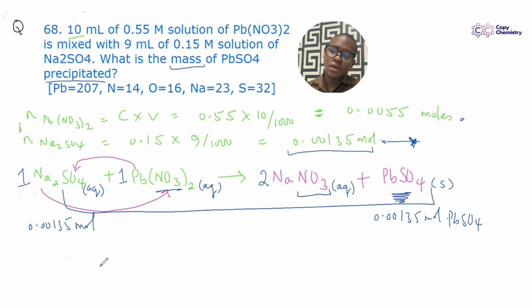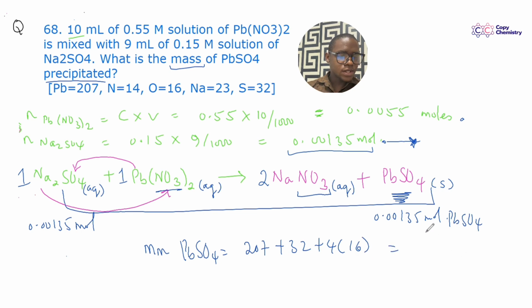It's easy stuff. So let's do molar mass of lead sulfate. Are you ready? Lead is 207, the sulfur is 32, and oxygen is 16. So when you do all that, you should get about 303 grams per mole.